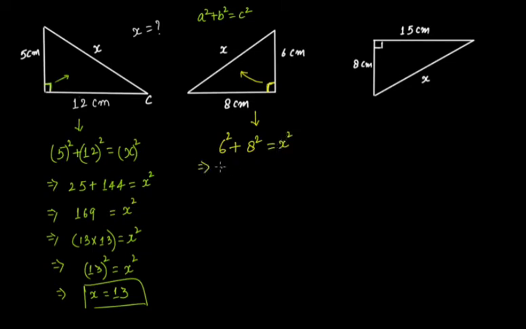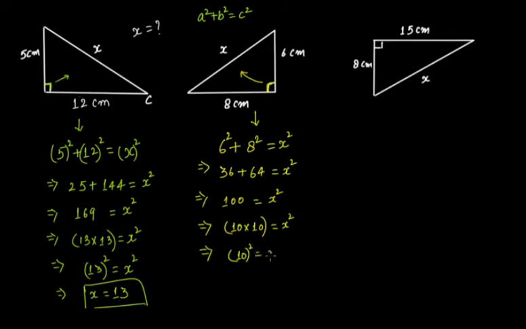And if you solve this, this is 36 plus 64 is 100, and this is x square. This will be 10 times 10 is equal to x square, and this will be 10 square is equal to x square. Therefore you'll get x as 10, right?